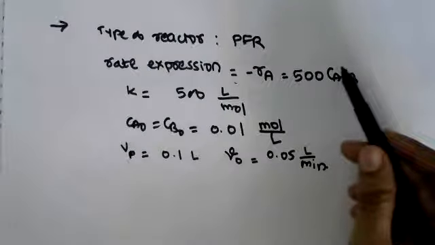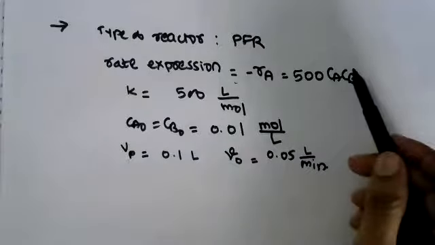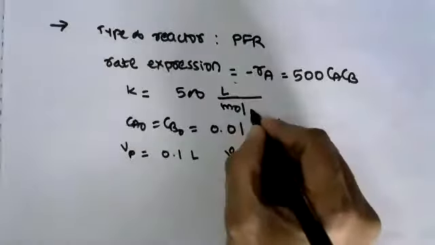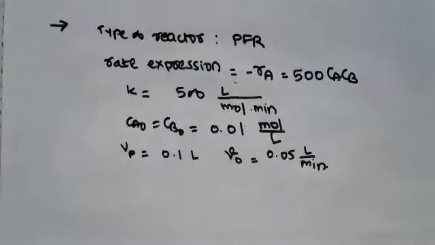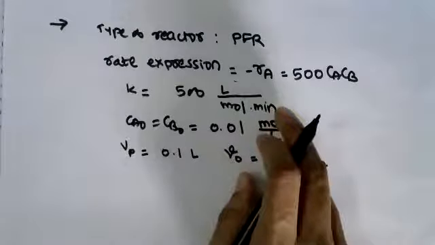The order of reaction with respect to A is 1, order with respect to B is 1, and 1 plus 1 is equal to 2. So it's a second order reaction. Even if you have a look at the unit of rate constant, which is 500 liter per mole per minute, it also indicates that it's a second order reaction.